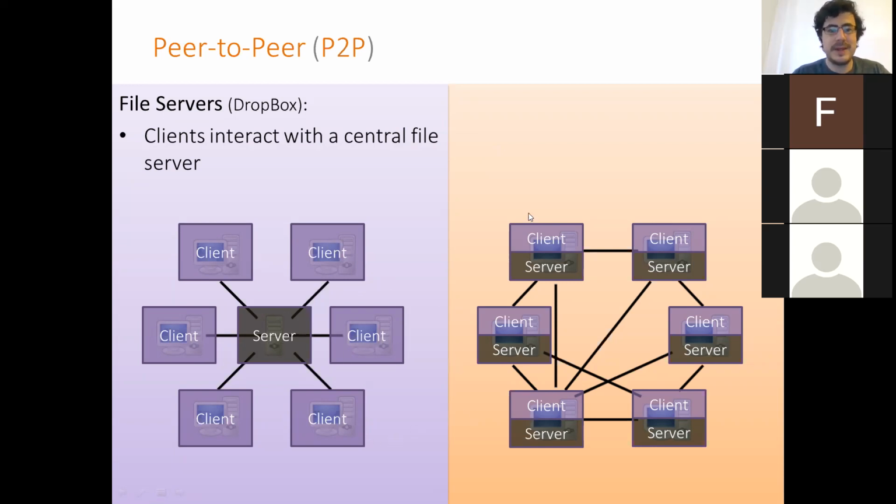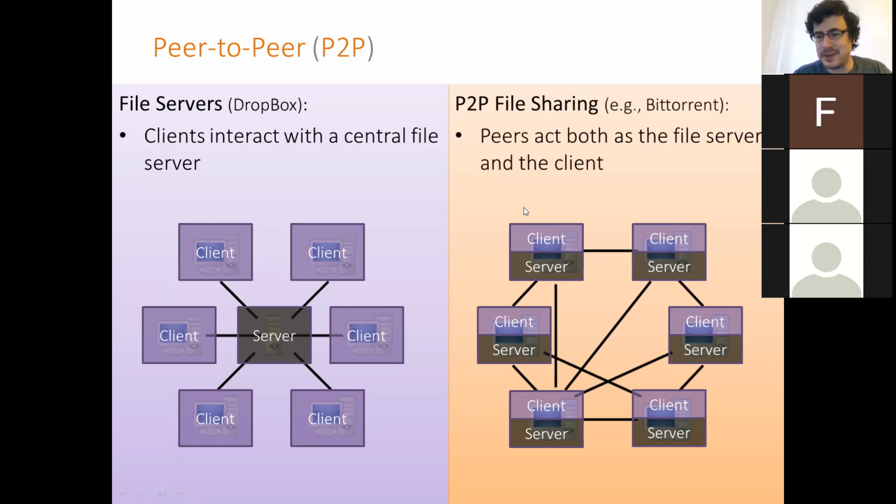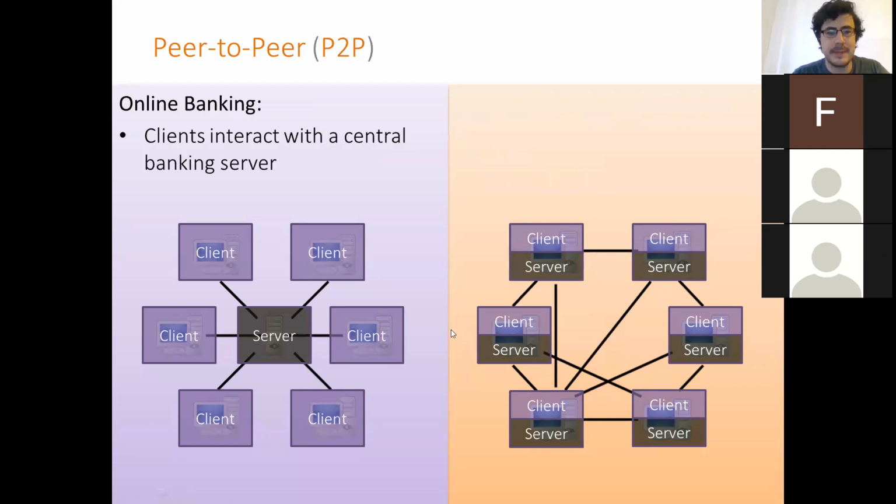The peer-to-peer analogy of that would be something like BitTorrent, where peers act as both the file server and the client. I'll talk a bit more about how BitTorrent works a little bit later, but essentially there's no central location storing all of the data of BitTorrent. Everybody is storing a bit of the data in the network and serving their part of the data, and also requesting data from other peers.